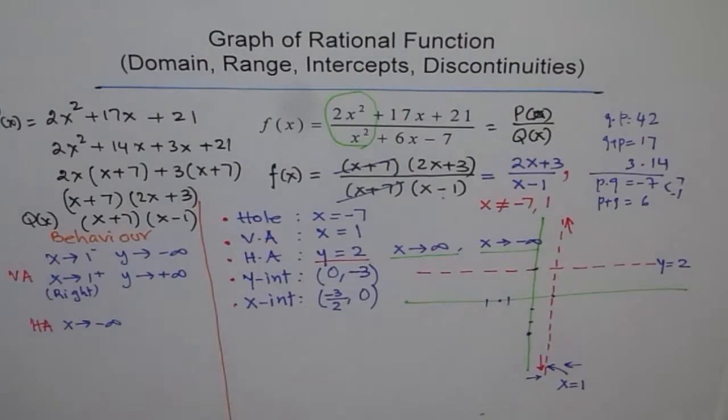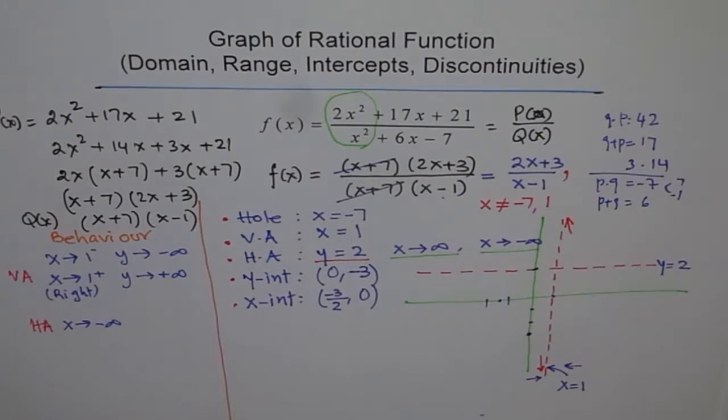So 2 times -1000 is -2000. So we'll say 1 minus 2000 equals, and we'll divide by -1001.